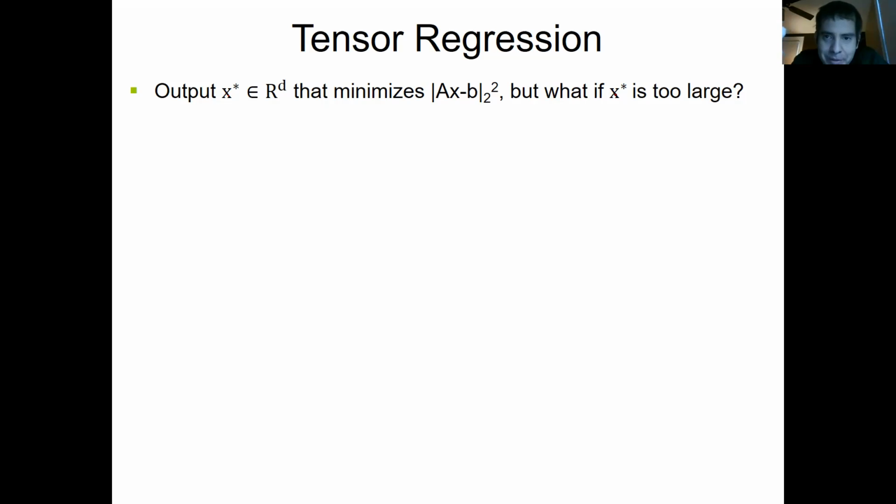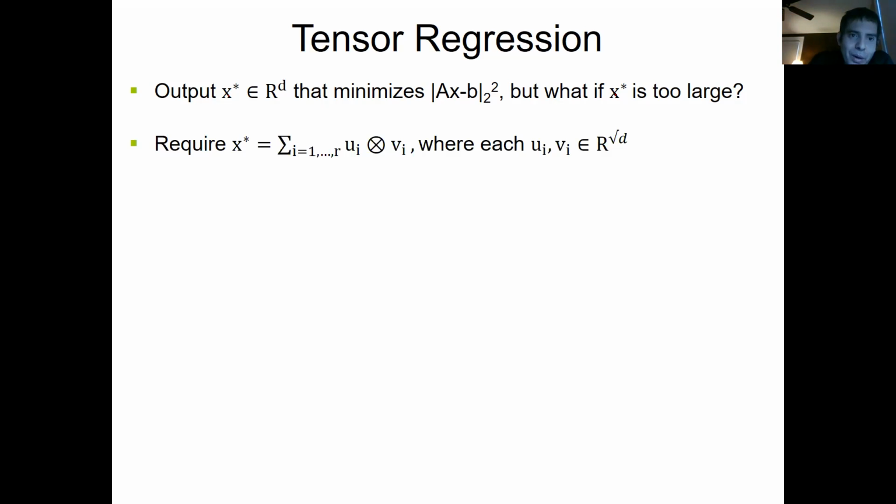For whatever reason, maybe you're using this in some other system, d is too large. One way of reducing the number of parameters in your solution is to restrict your solution to live on a manifold, to be drawn from some family of possible solutions, not all possible solutions.